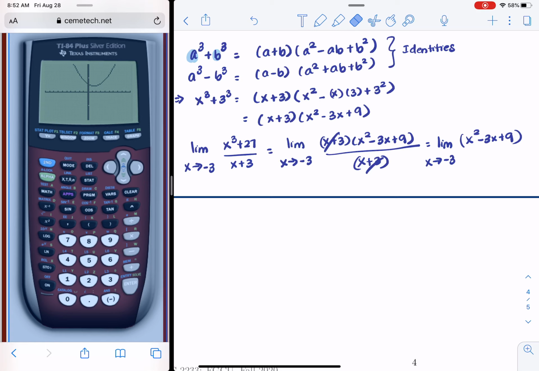So since that is continuous, I could simply plug in the value: negative 3 squared minus 3 times negative 3 plus 9, which would give me 9 plus 9 plus 9, which is 27.